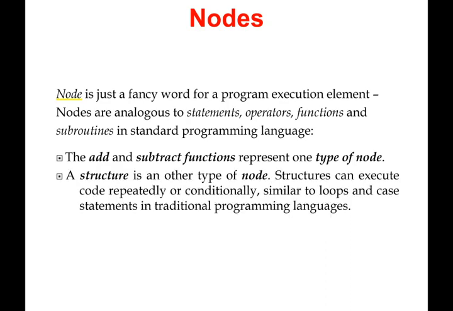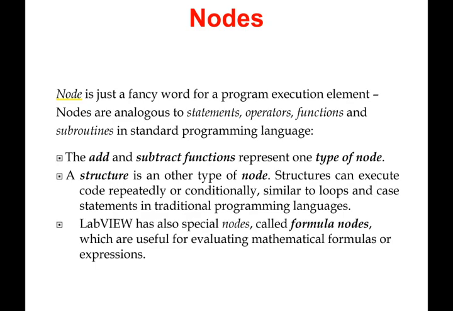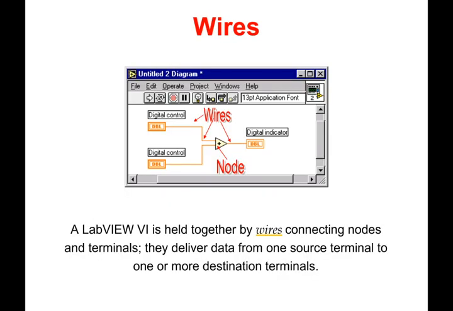A node can be a structure as well. Structures can execute code repeatedly or conditionally, similar to loops and case statements in traditional programming languages. LabVIEW also has special nodes called formula nodes, which are useful for evaluating mathematical formulas or expressions.